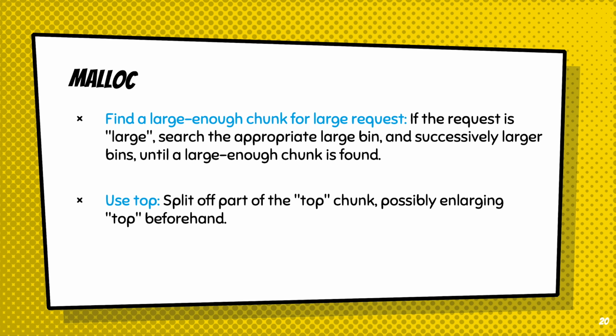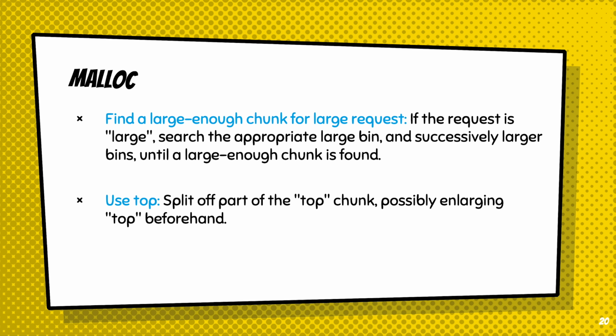Then looking at the large bins, what libc is going to do is find a large enough chunk for a large request. If the request is large, meaning greater than 1024 bytes on x64, glibc will search the appropriate large bin and then successive large bins until a large enough chunk is found.